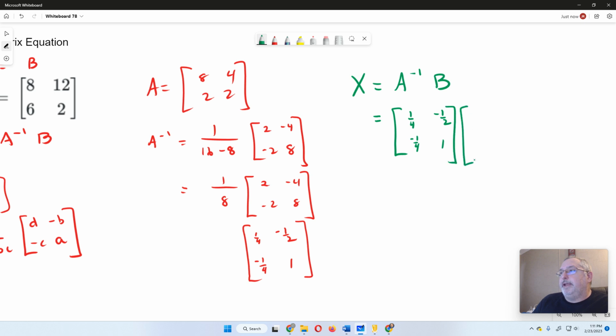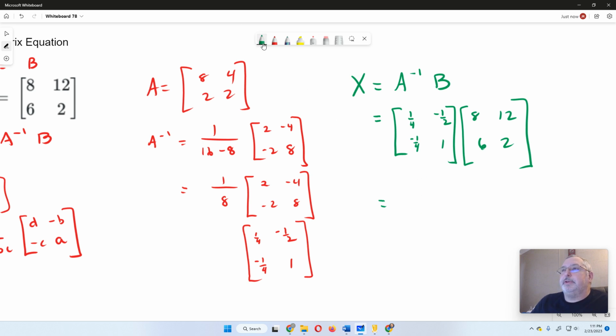We're going to multiply it by our B matrix, which is [8, 12, 6, and 2]. And so remember, you take the row, multiply it by the column. Row times column, row times column. That's going to be your new matrix. So this is going to equal, and I'm going to give myself some space here. I'm going to show you the whole entire process here.